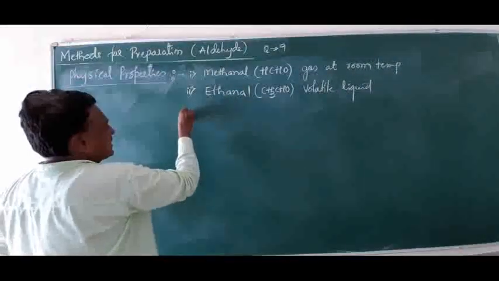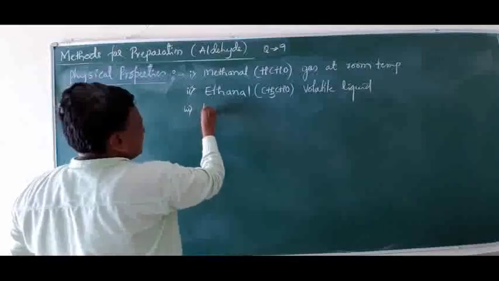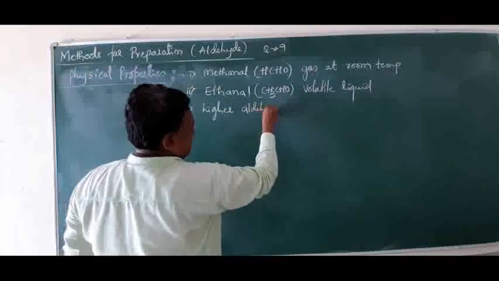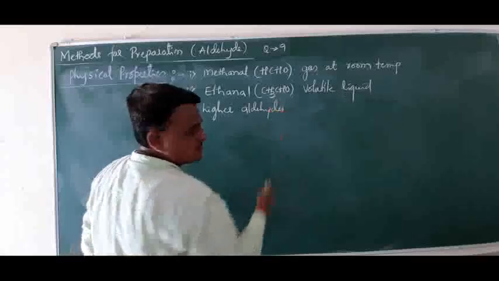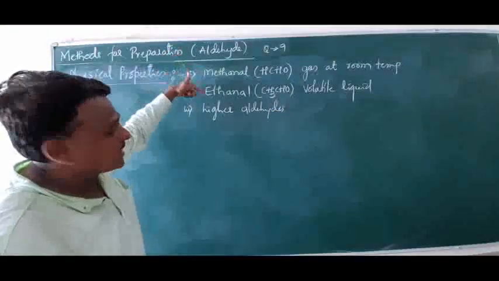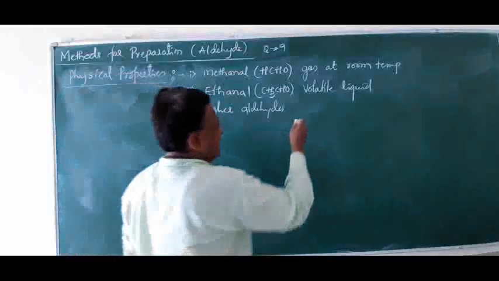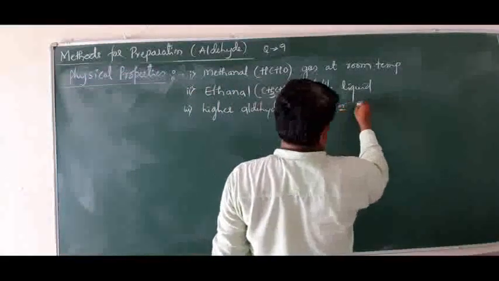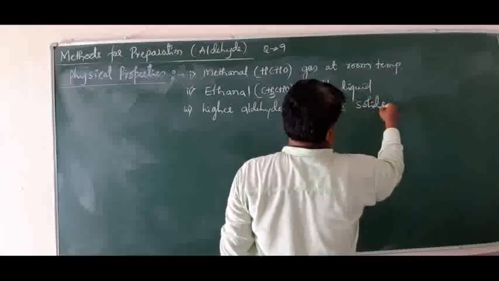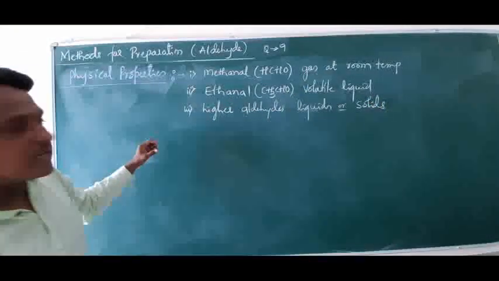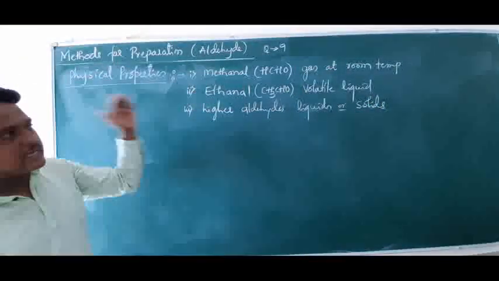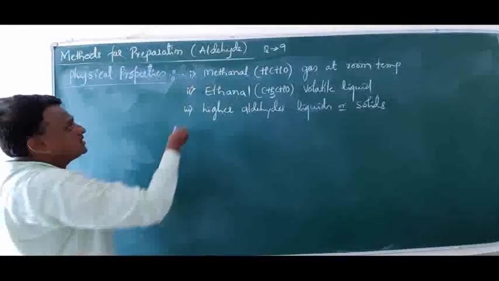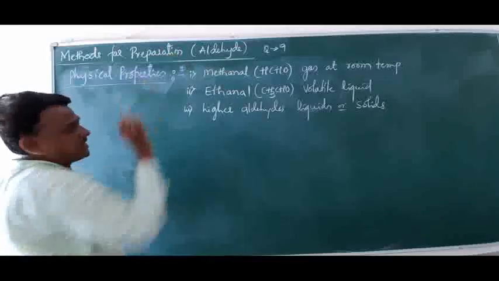The third category is higher aldehydes: apart from methanal and ethanal, from propanal onwards, they are available as liquids or solids. It means aldehydes are available in three forms: gas, liquid and solid. This is the first physical character of aldehydes.